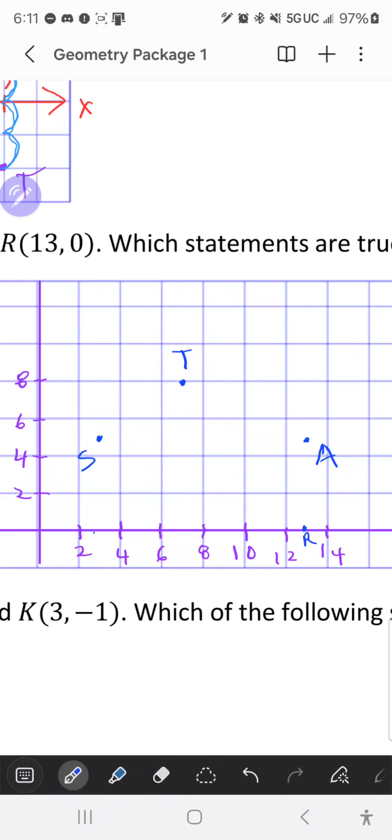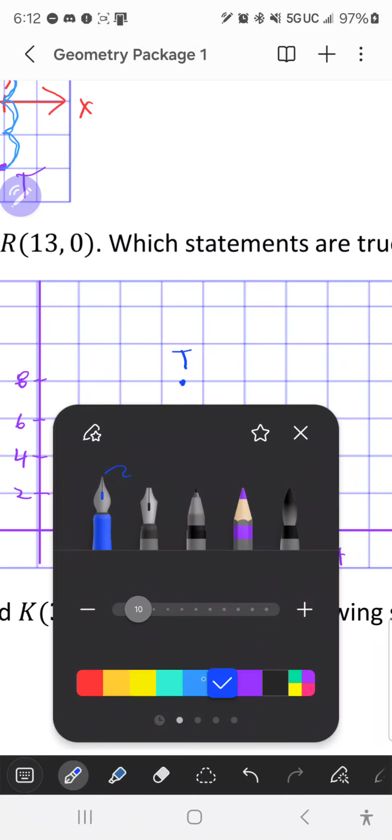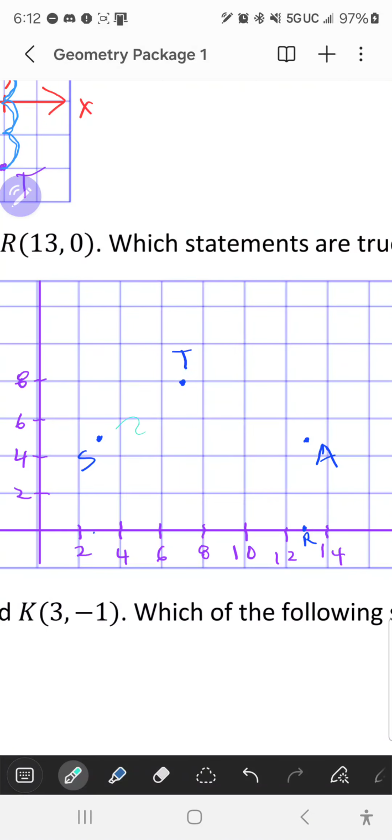Now we draw S, T, A, R, and we get that this is our quadrilateral, like our figure.